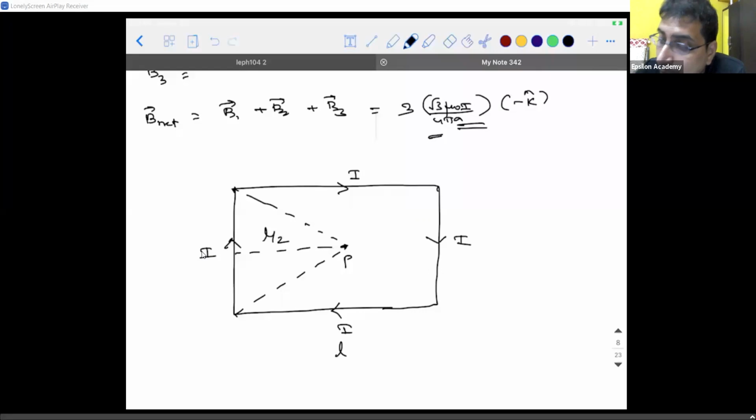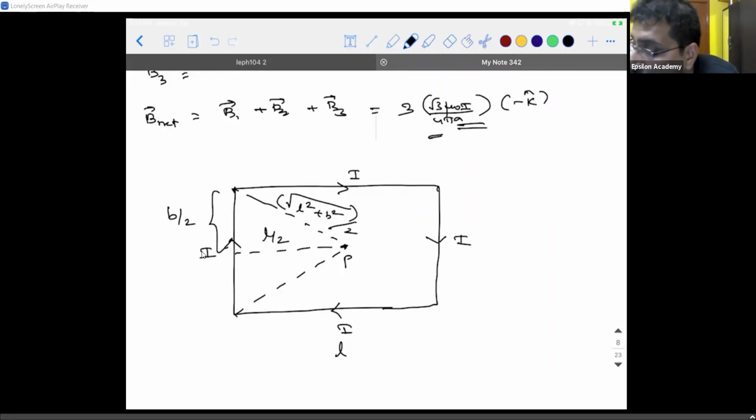This will be L by 2 and this will be B by 2. Then how much is this distance? Root of L square plus B square, the whole divided by 2. Correct? Right? Now this is going to be alpha, this is going to be beta.